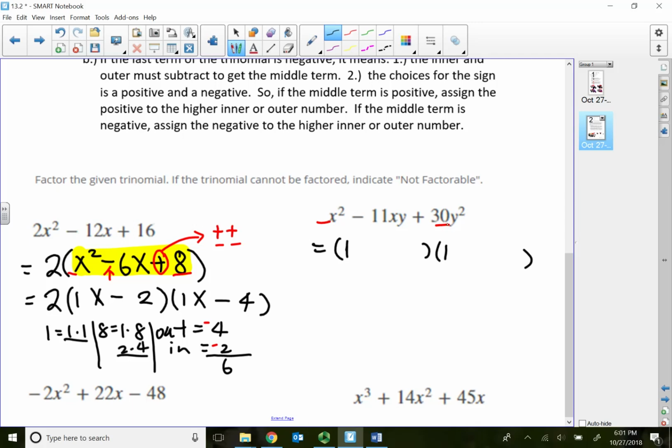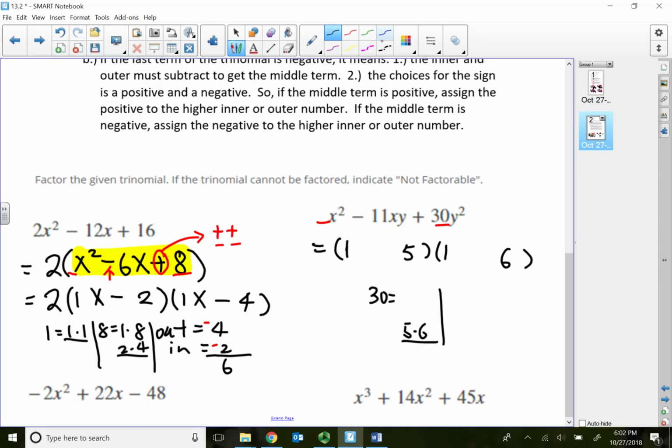The last term is 30. What times 1 is 30? Normally the 2 numbers closest together that multiply to 30, we're going to choose 5 and 6. That's the first set I will use. There are other sets if 5 and 6 doesn't work out.